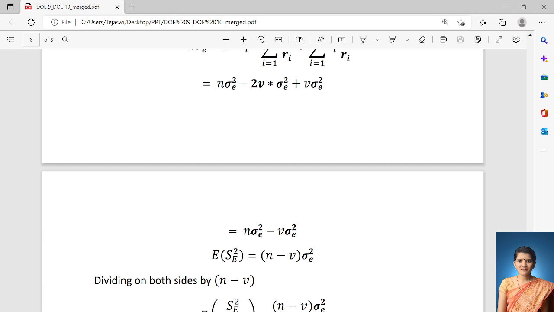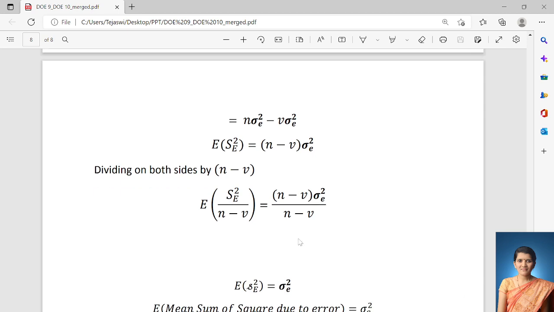So finally, the expectation of the sum of square due to the error is (n minus v) into sigma square. Here we want the expectation of the mean sum of square, so we divide both sides by the degrees of freedom of error. The degrees of freedom of error is n minus v.